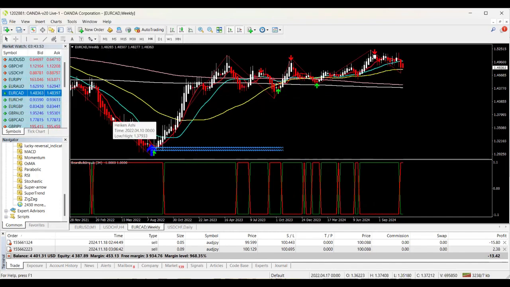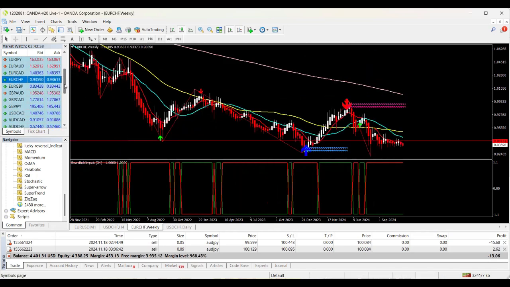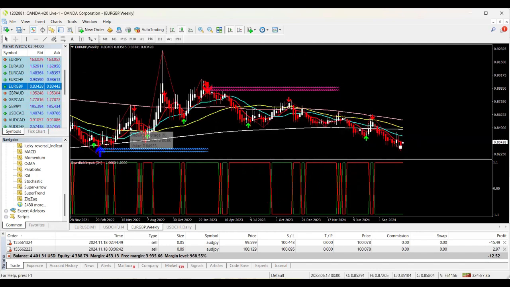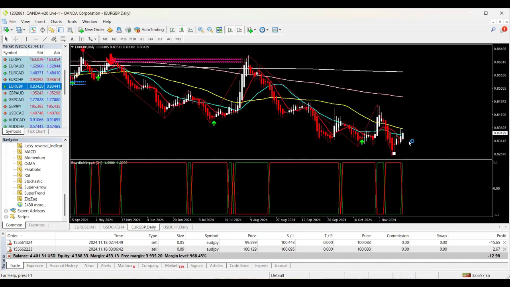EURCAD. This is moving down on the weekly. EURCHF. Now this one is a potential reversal on the weekly. This is EURGBP. So you can draw up your support and resistance on the weekly and possibly look for this. If you look at the daily, it's going up.